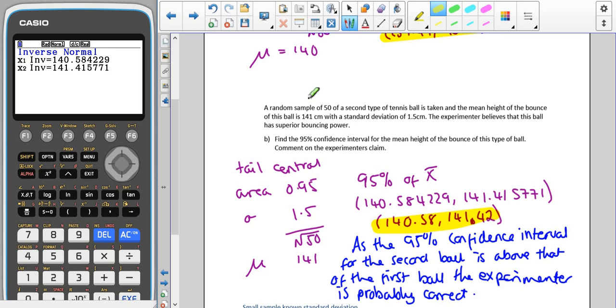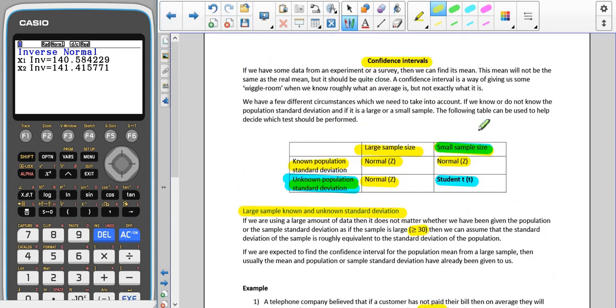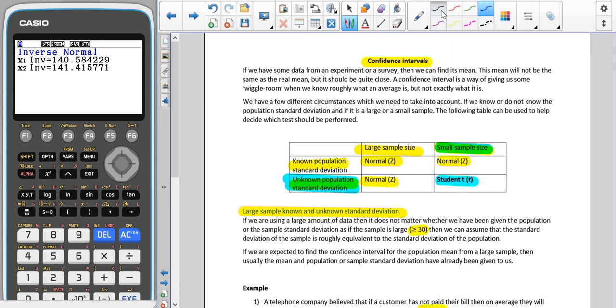Now, as I said before, there were three different categories that we had in terms of normal confidence intervals. If I just flick back to that. Sorry, back again. That's this part here where we have the table. So far we have looked at this one here and this one here.